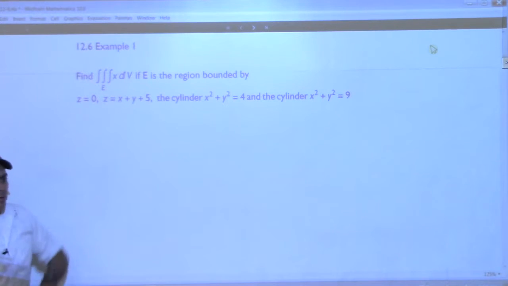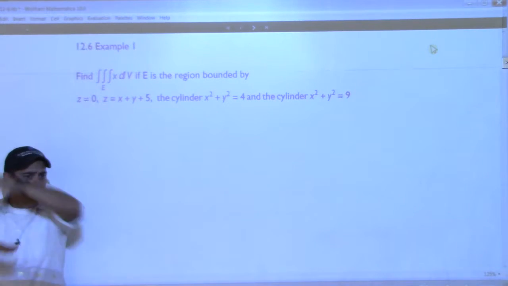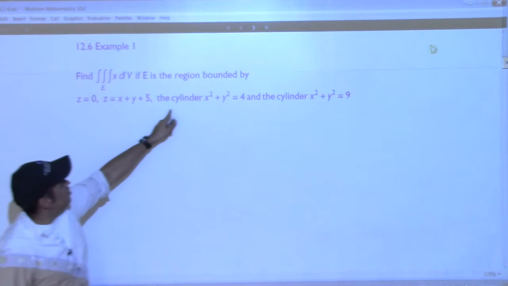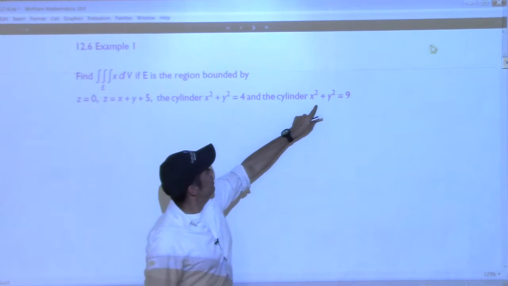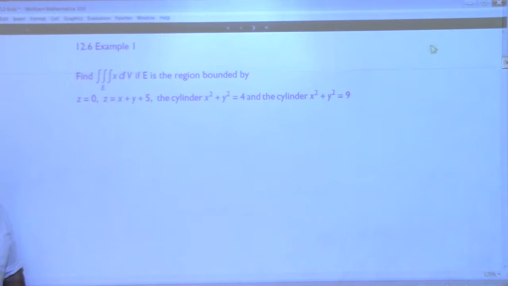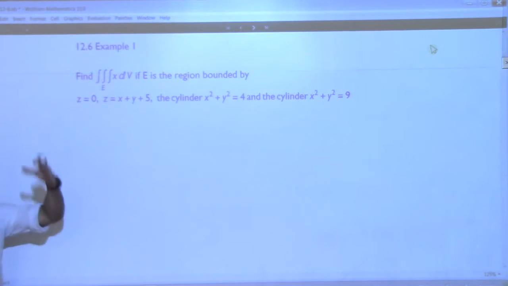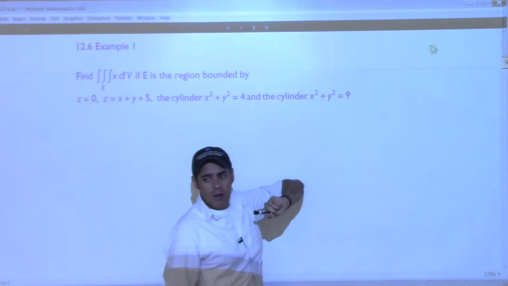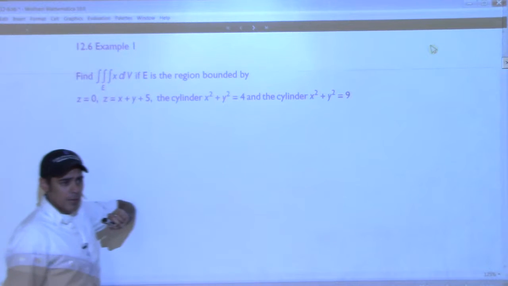It's a plane. So imagine we have the ground, and then we have some plane. And then we have two cylinders. Both cylinders open in which direction? Upwards, parallel to the z-axis, because both of these equations don't have z. So z is a free variable here.